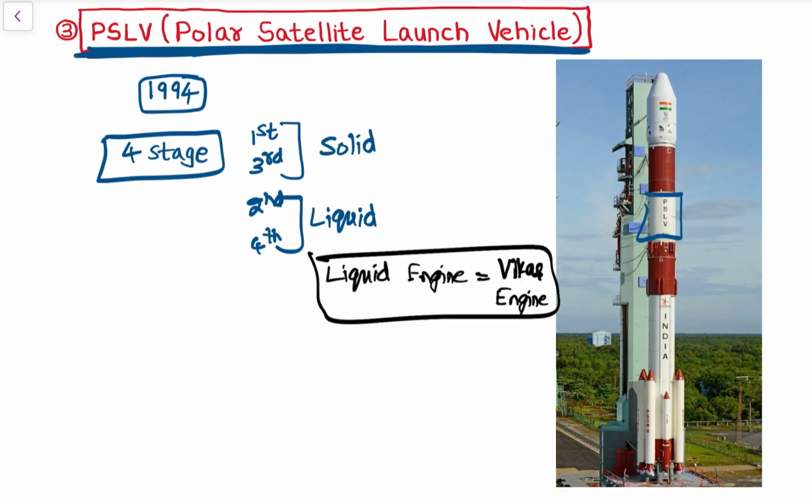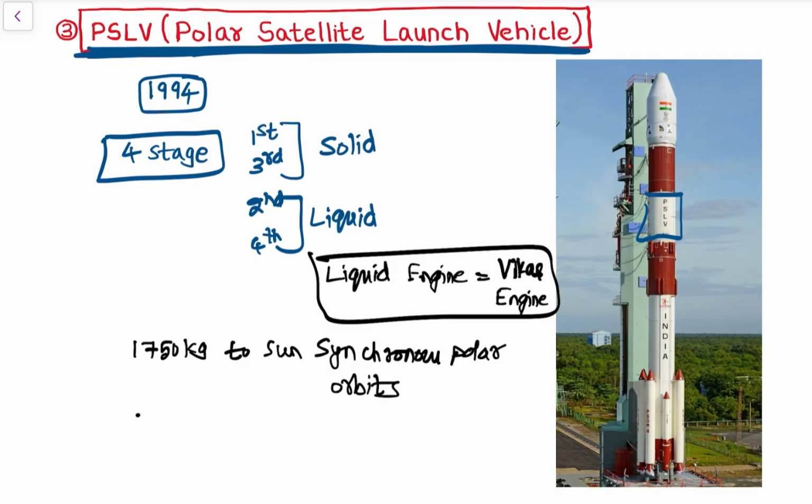The payload capacity is up to 1750 kg, say it is very well improved, into sun synchronous polar orbits, and 1400 kg into geosynchronous orbit.